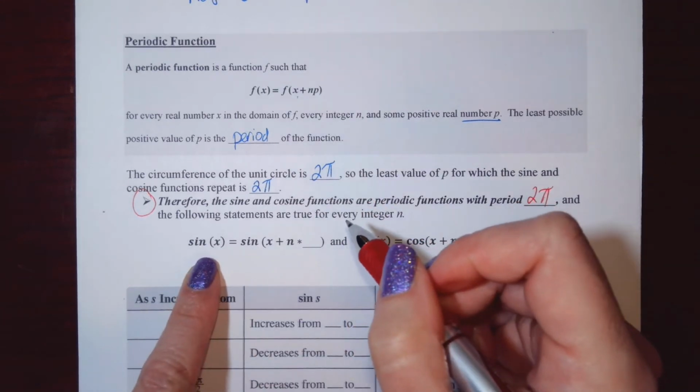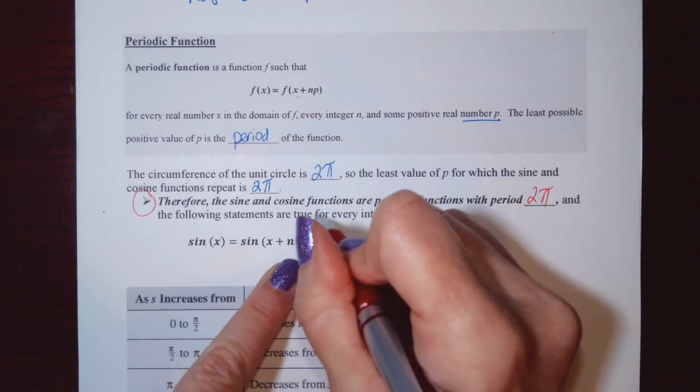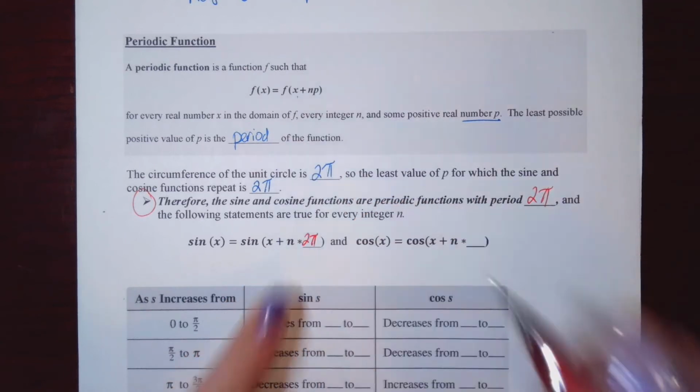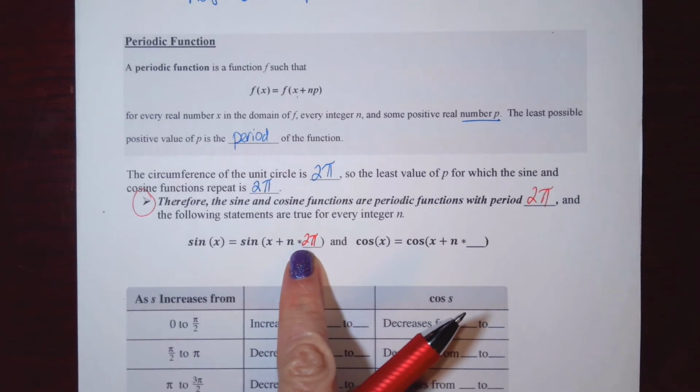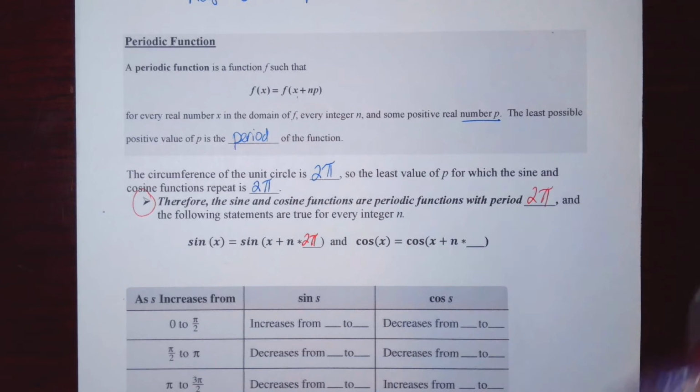Sine is going to be a periodic function repeated every 2 pi radians. So one rotation of 2 pi, 2 rotations of 2 pi, 3 rotations of 2 pi, etc. And then the same is true for cosine. They are both periodic over 2 pi radians.